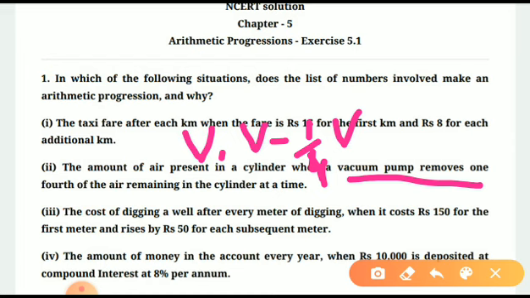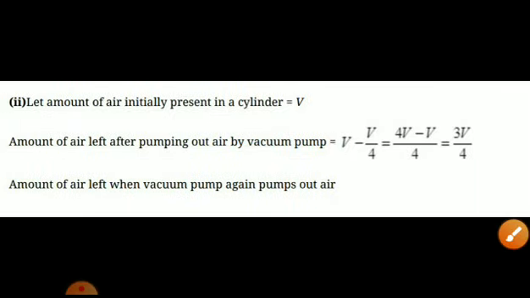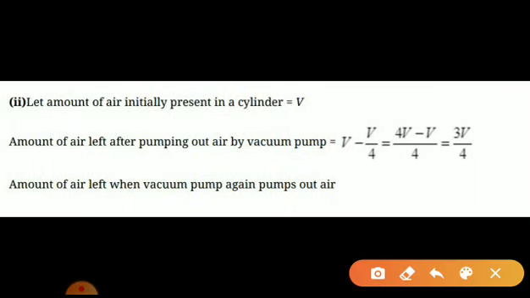Is this clear? That means the second term will be 3V by 4. My first term is V, my second term is 3V by 4. That means now in the cylinder we have 3V by 4.